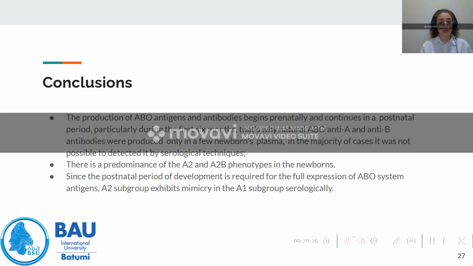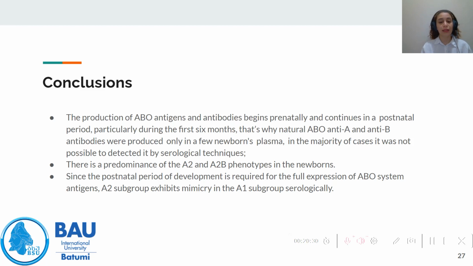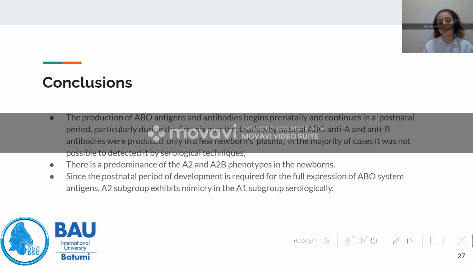And there was a predominance when we studied the A antigen, a predominance of the A2 and the A2B phenotypes in these newborns. Since the postnatal period of development is required for the full expression of the ABO system antigens, the A2 subgroup exhibits mimicry of the A1 subgroup serologically.